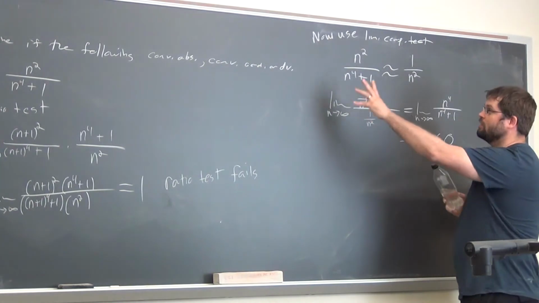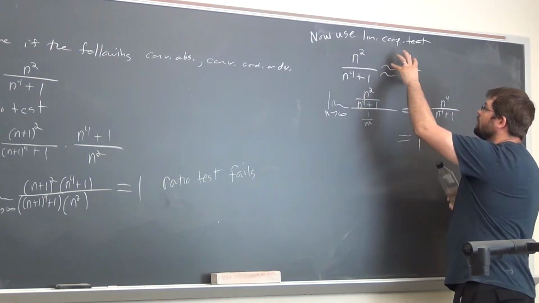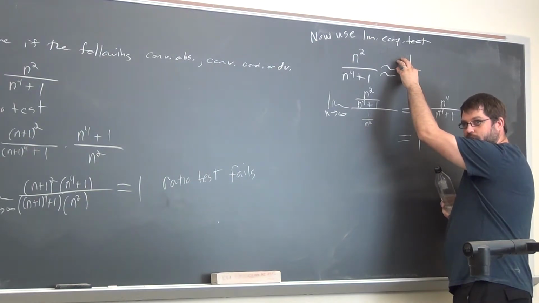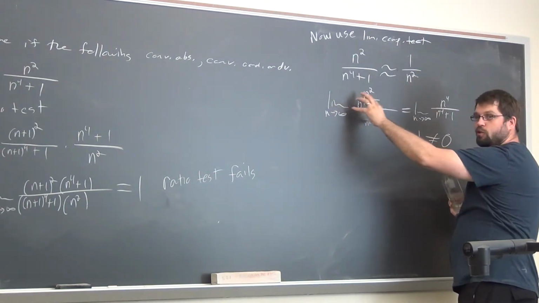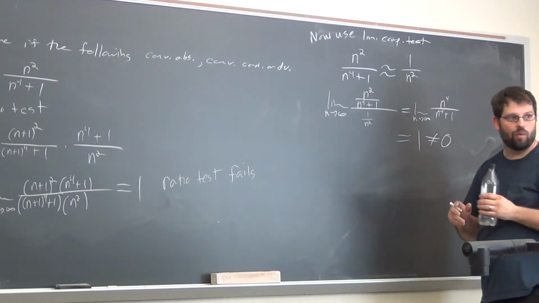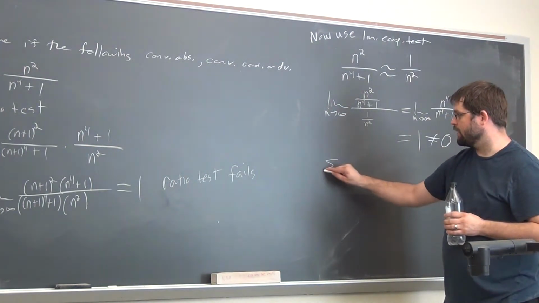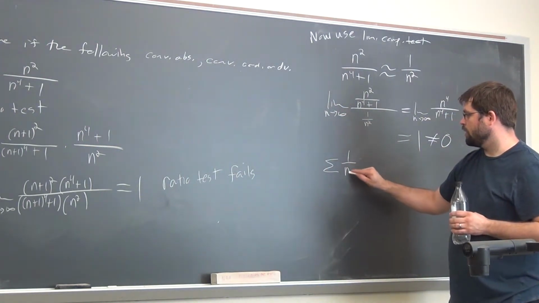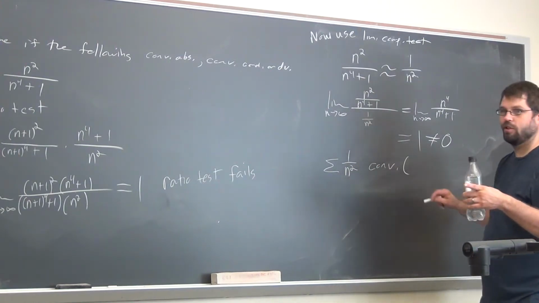The limit comparison test says compare your series with something you know the answer to. That's your first step, and then you take this limit every time if you're doing the limit comparison test. Then we finally get a limit that's not 0. We realize that the series we compared it to converges, right? And why does this one converge?